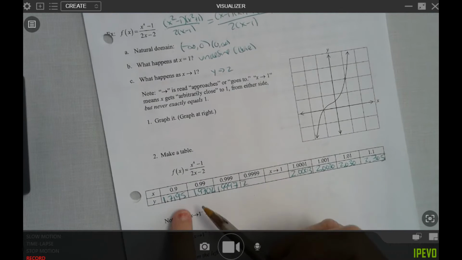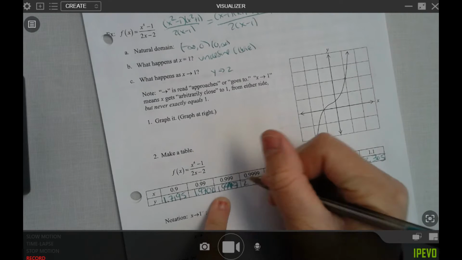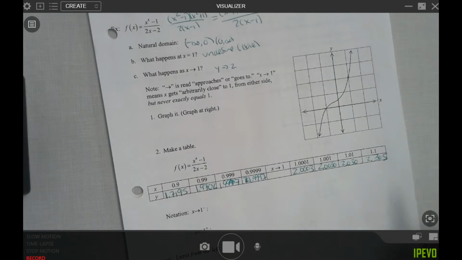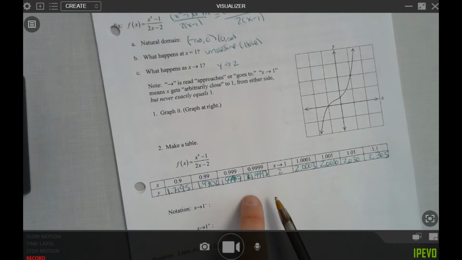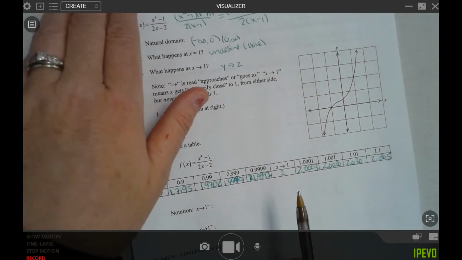Somewhere in here I messed it up. It's 1.97, then 1.9997. So as you can see, y is getting really close to the number 2 on either side. So 1.9997 and 2.003. So it's getting really close to the number 2.